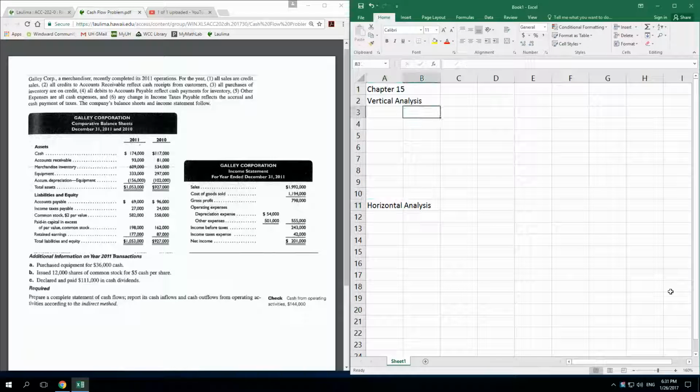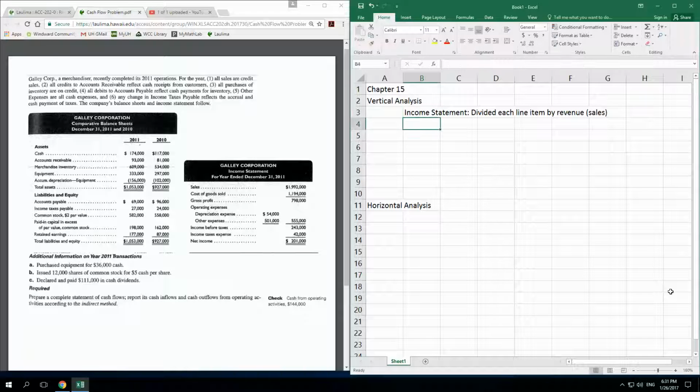Vertical analysis, you've got the income statement. On the income statement, the rule is to divide each line item by revenue, which could be called sales.